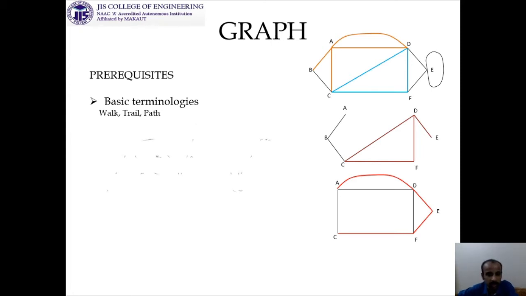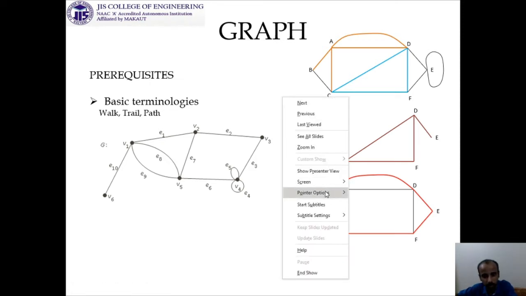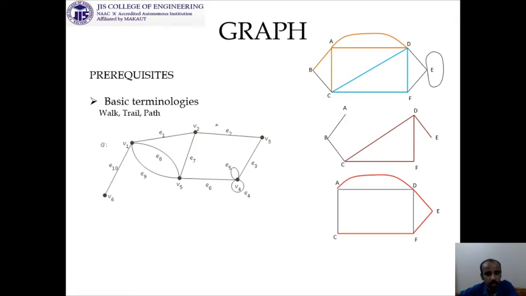Now look at this. We are going to take a graph like this, and let us take one sequence: V2, E7, in this direction, and we go to V5.